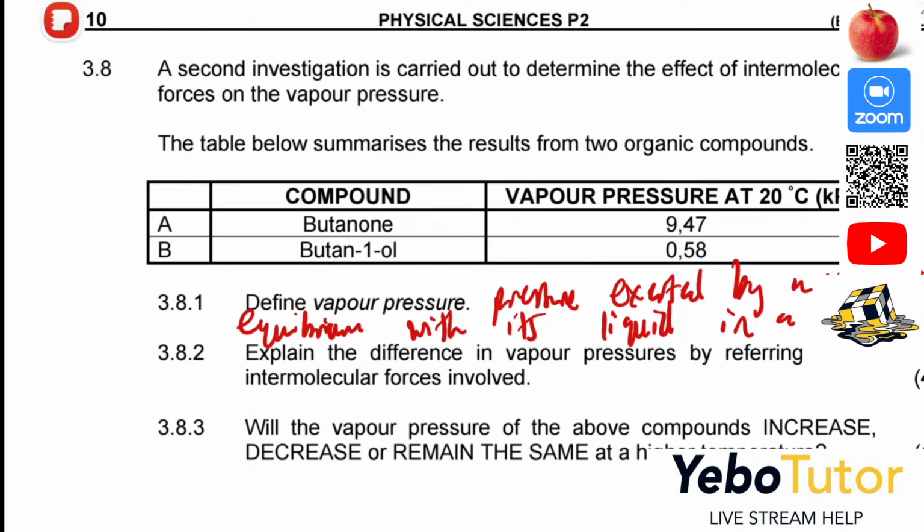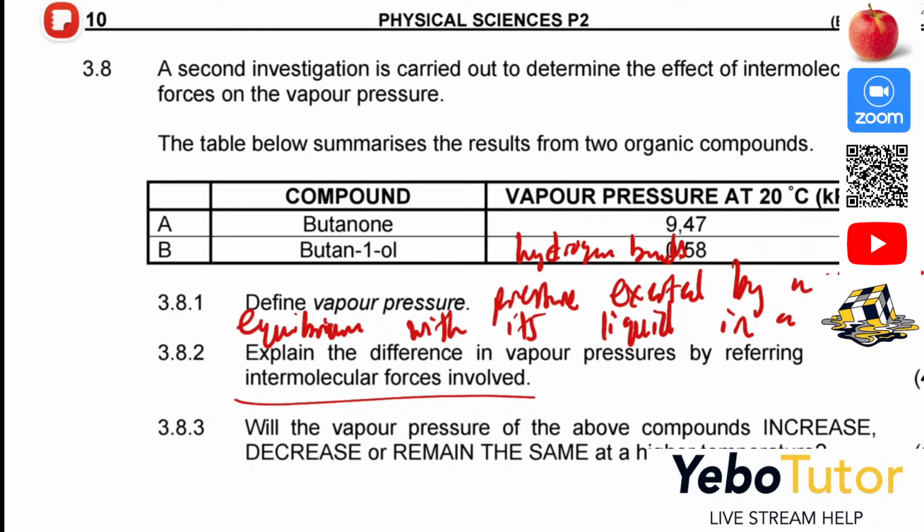Now, explain the difference in vapor pressure by referring to the intermolecular forces involved. Guys, this is quite straightforward. The same question which you're answering above, the same one which you need to answer again here, but in a different approach. So we can literally see that this butan-1-ol, which is the alcohol, has hydrogen bonds. So from that point now, our life is already easy. So we can say that this one is the hydrogen bonds.